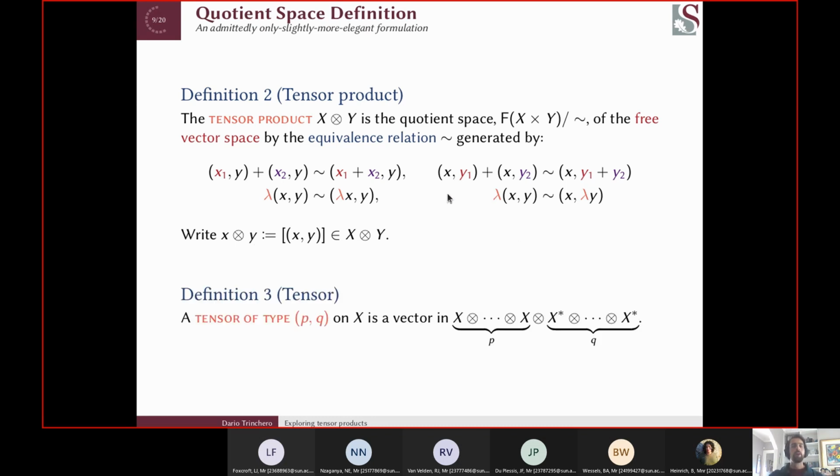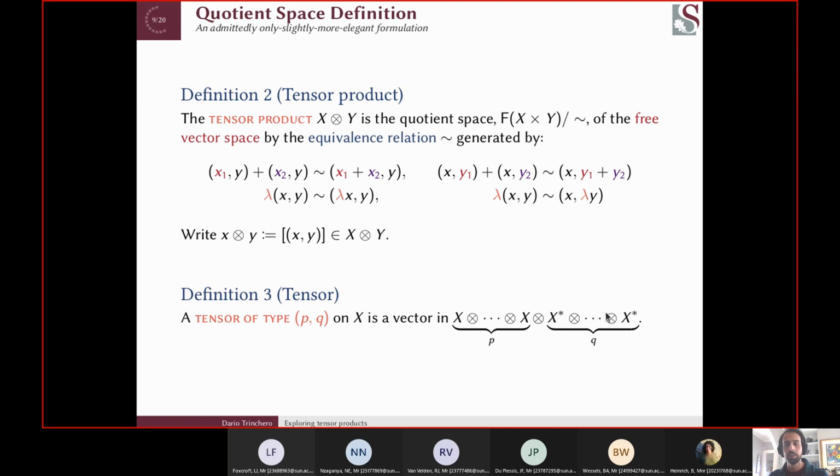Okay. Cool, so then what's a tensor? If that's a tensor product, well, now we can say that a tensor of type PQ on X is just a vector in this tensor product. So, okay, there's something I haven't shown here, which is I've only defined the pairwise tensor product, and I haven't shown that it's associative. So really, I'm cheating a little bit by dropping the brackets here, right?